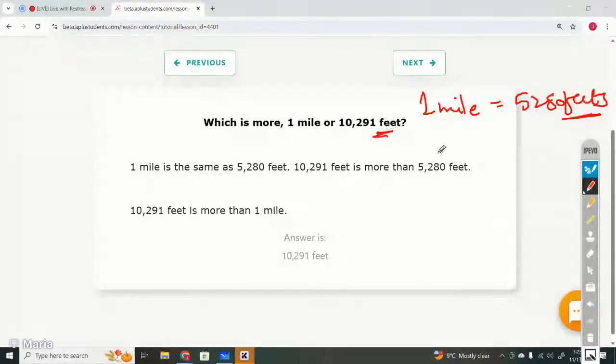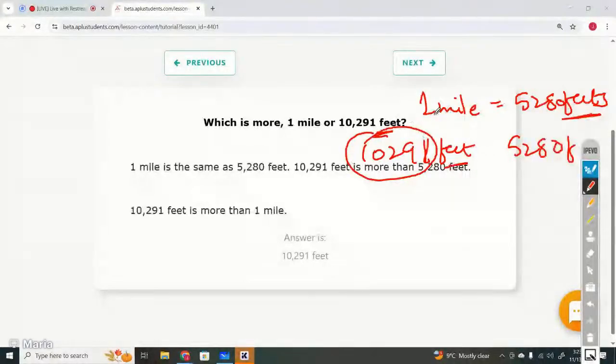Here we have 10,291 feet and 5,280 feet. Obviously 10,291 feet is more than 1 mile, because 1 mile equals 5,280 feet. Got it?